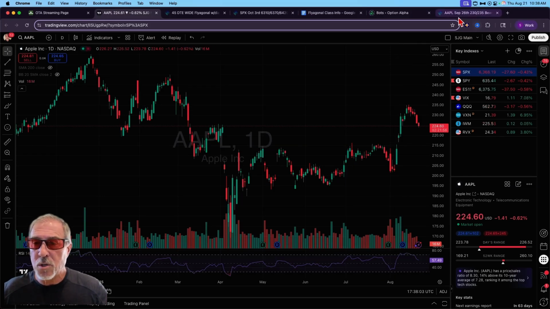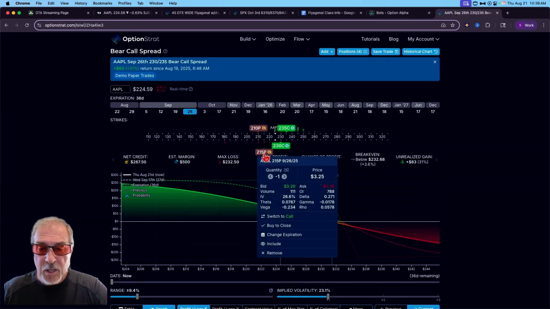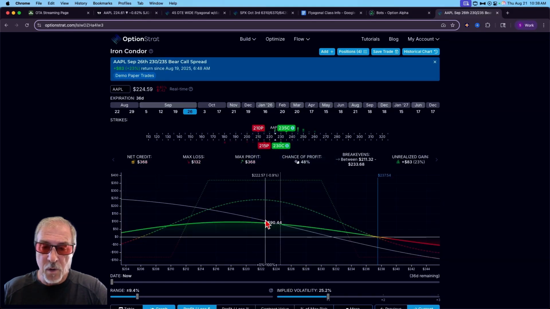What could I do to this trade to potentially increase the amount of potential profitability in the trade? As we can see right now, this has a max loss of 232 and a max profit of 267. If I came in and chose to sell a put spread, a 215, 210 put spread, let's see what that does to those variables. So I'm going to include that one, and then I will include this one.